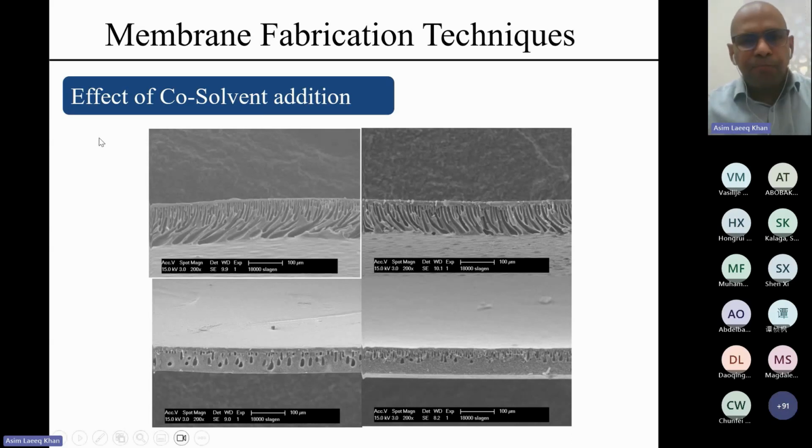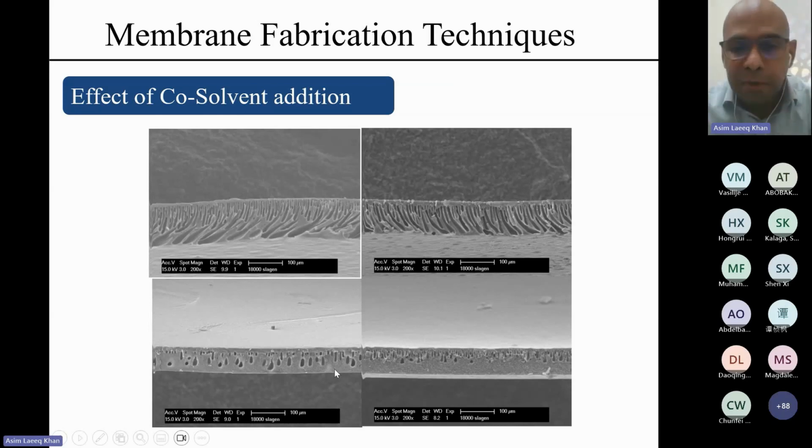After we cast the film, the volatile co-solvent tries to very quickly evaporate. Since it evaporates, it leaves behind a very thick and very highly polymer rich region. As a result, the more and more co-solvent is added, we see thicker top layer, and here we see very high concentration of co-solvent.